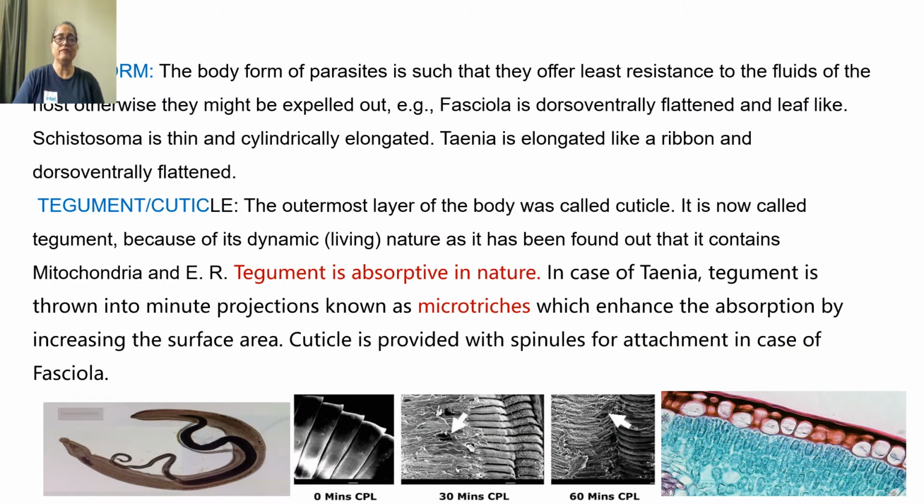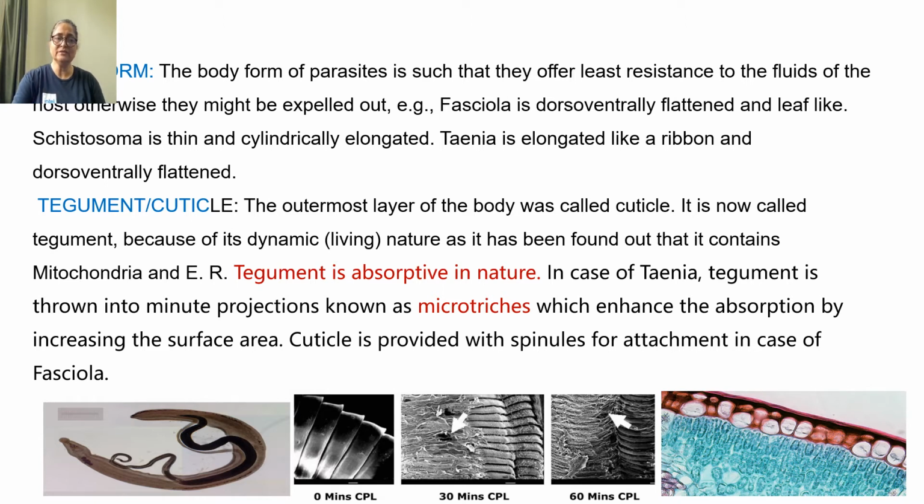Now their body form is also a good advantage for parasitic life. As you know, all the platyhelminthes have flattened and elongated bodies, and they don't have appendages. This body form is an advantageous stage to live a parasitic life.